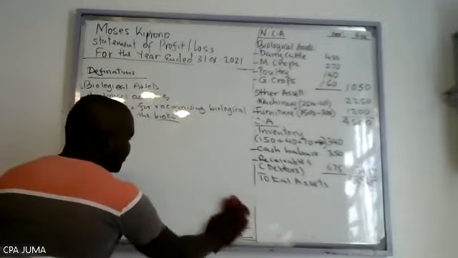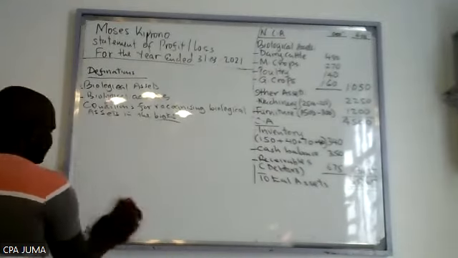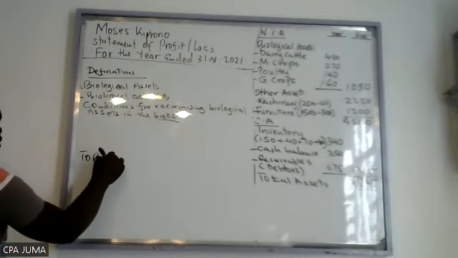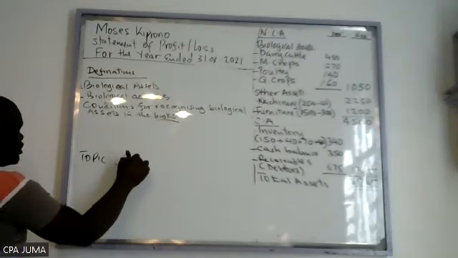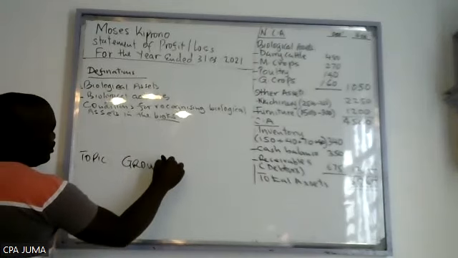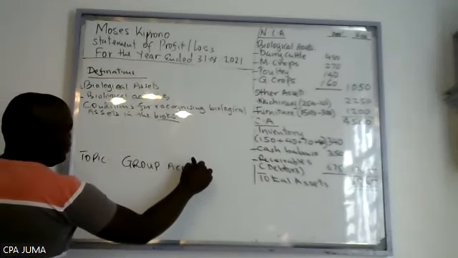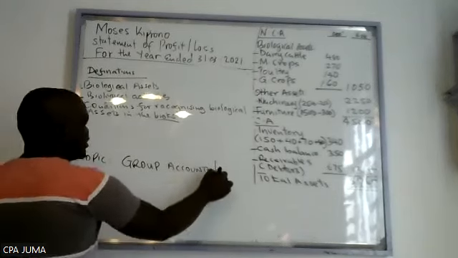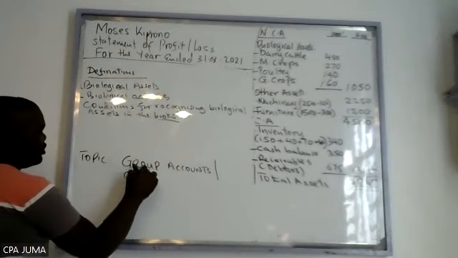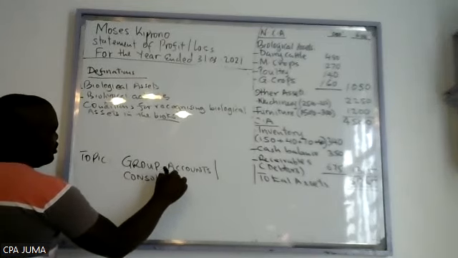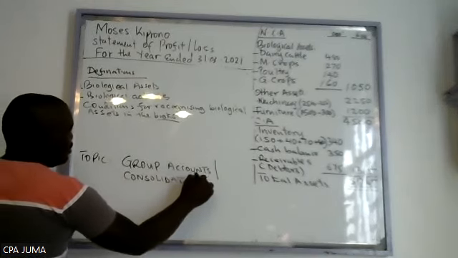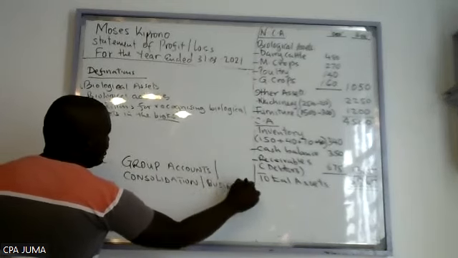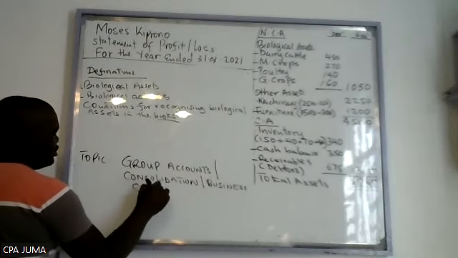So our next topic is group accounts, also known as consolidation, also known as business combination.